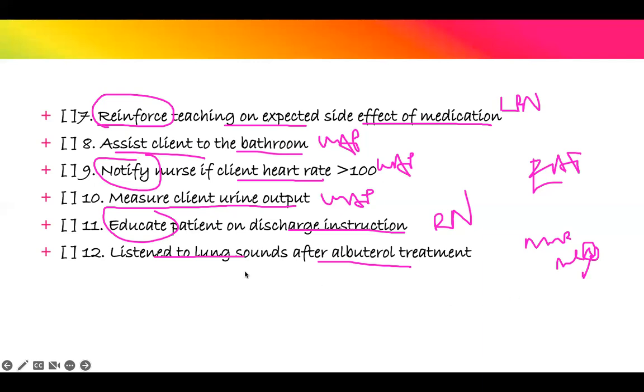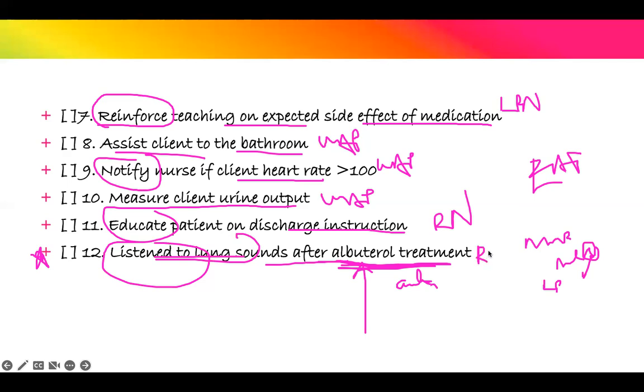But this is done by the LPN. But this question says you listen after treatment of what? Epidural. Pay attention. If I have treated you with epidural, I'm listening to your lung, I'm doing an assessment whether the medication has worked. So pay attention when they give you this question. It's not just listening to the lung, but you listen after epidural. This is an assessment, so that's done by the RN.